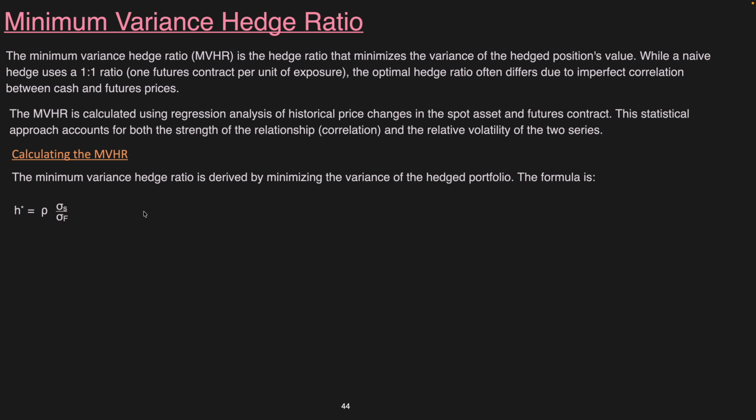What is standard deviation? Standard deviation is nothing but the deviation from the mean value. So, the minimum variance hedge ratio is given by the coefficient of correlation between the spot and the future, which will tell you the strength of the relationship between them, whether they are correlated with each other or not. Correlation means whether the prices move in the same direction or in the opposite direction.